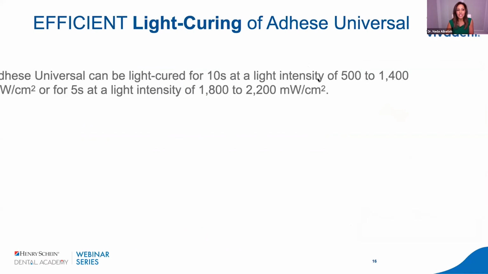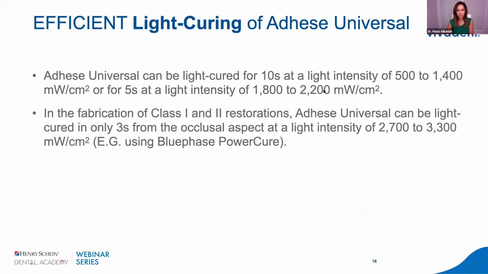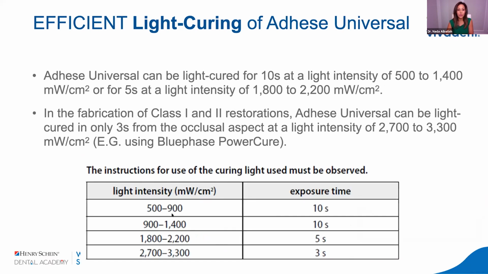So I did mention this to you already. Adhese Universal gives us really the opportunity to efficiently cure it. And any material that you're using, you really do need to be aware of the manufacturer's instructions. So in our manufacturer's instructions on our Adhese Universal, you can cure it at a 10-second cure as long as you have the correct light intensity there.